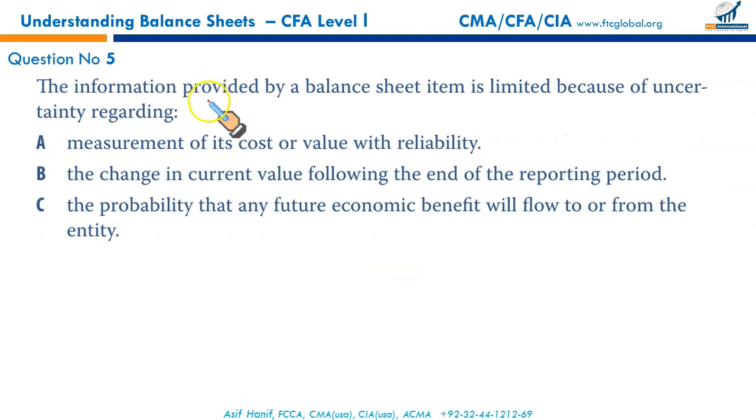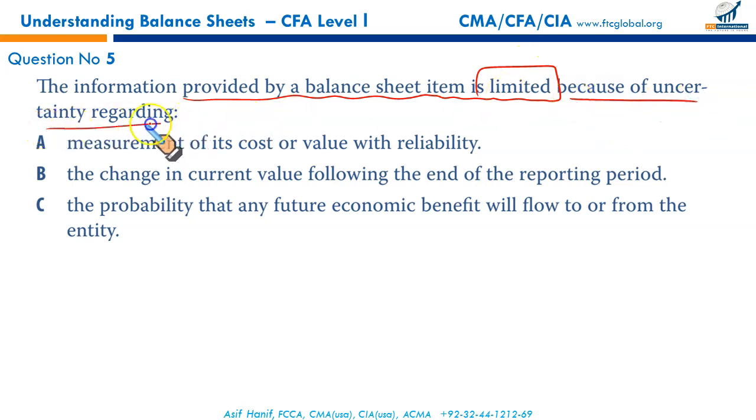Next. The information provided by a balance sheet item is limited because of uncertainty regarding what? It says the information on the balance sheet has limited utility because of uncertainty regarding what? Measurement of its cost or value with reliability. Wrong. Many items are measured at different bases for reliability.